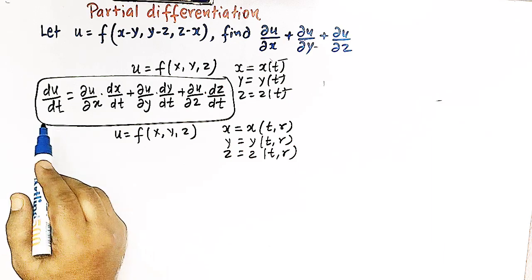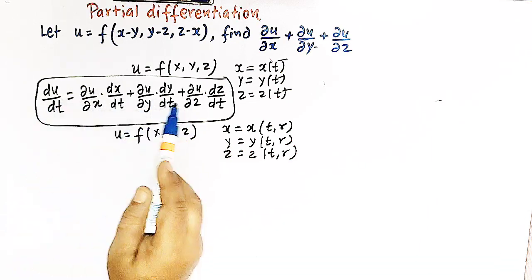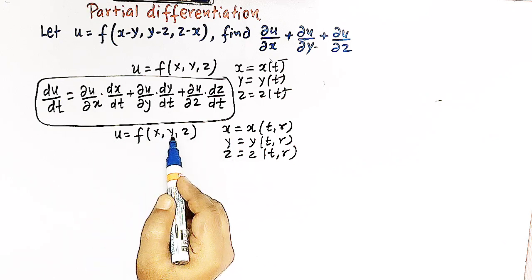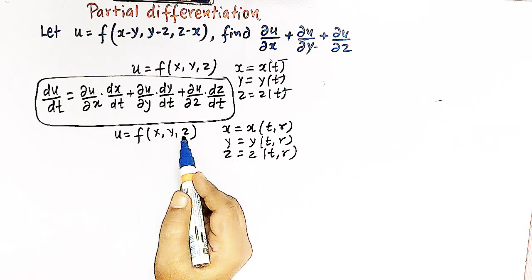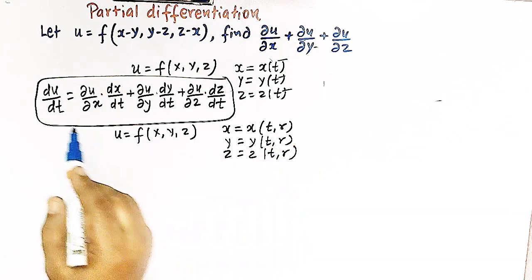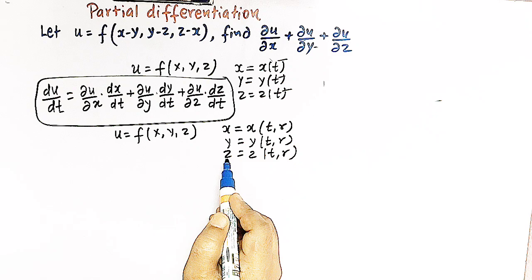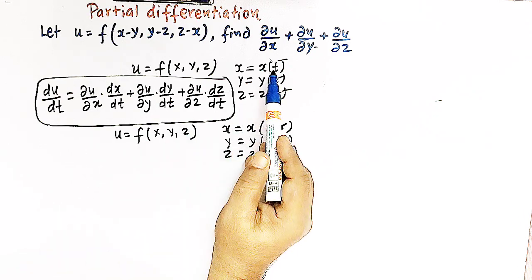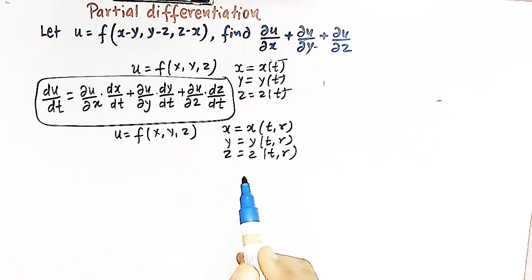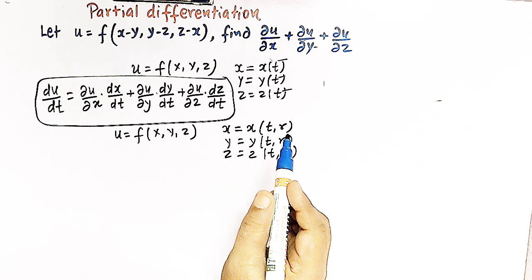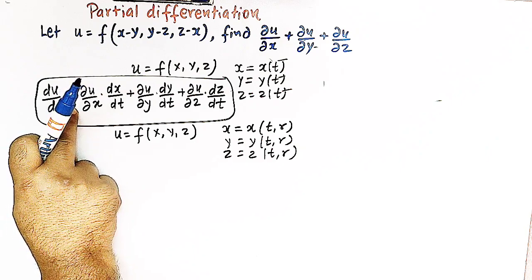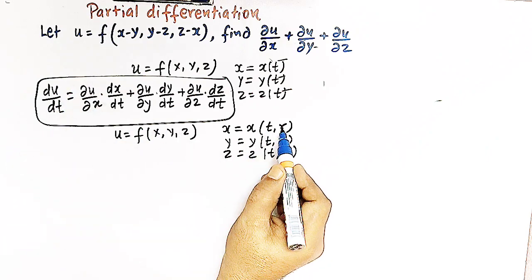So now let us see how we can modify this expression when u is a function of x, y, and z, and x, y, and z are further functions of two variables, right? So now when x, y, and z are functions of single variable, then we have this expression. But when x, y, and z are functions of two variables, let us modify this expression for t and r, right?